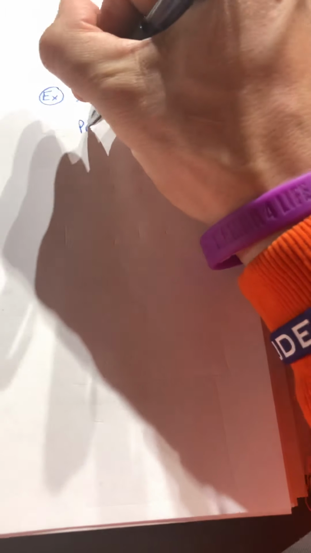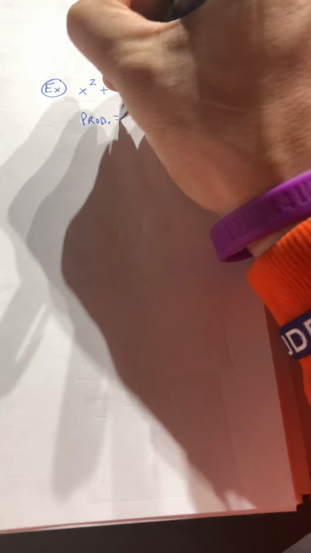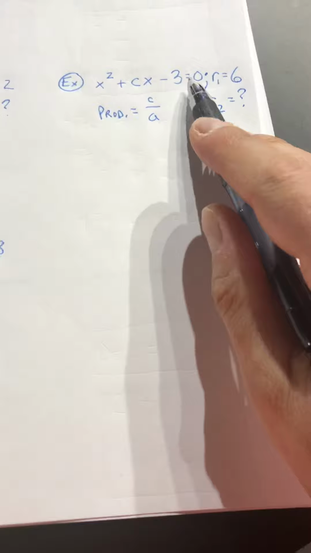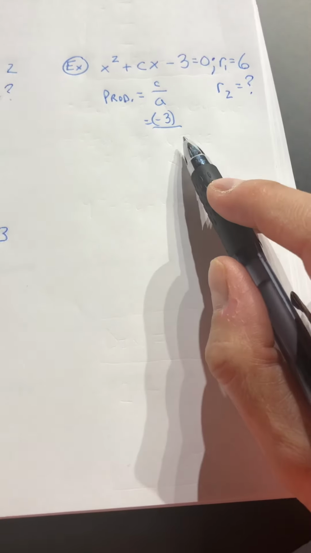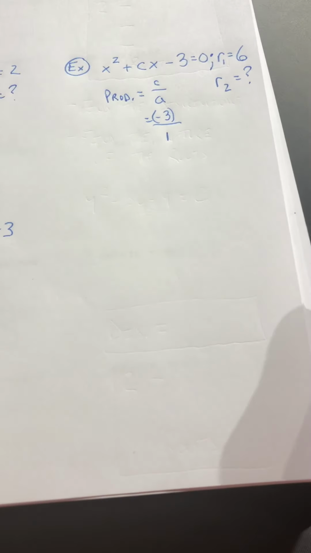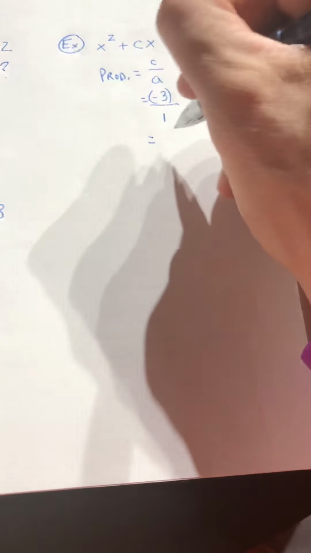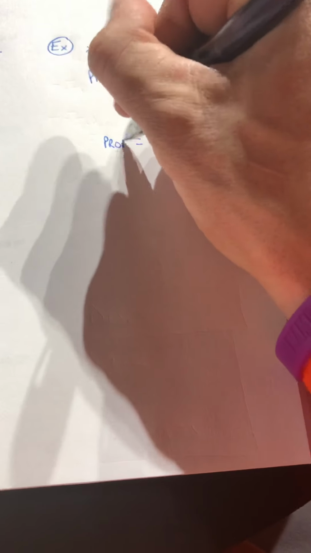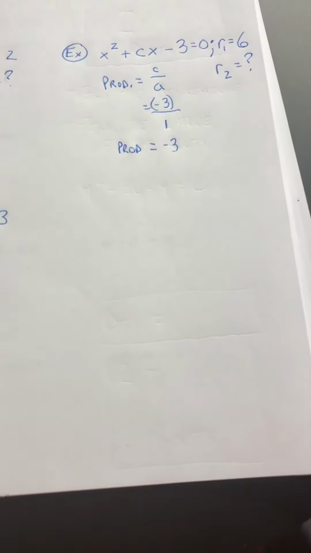For product, we know we have c over a. Well, c is negative 3. A is the number in front of x squared, which is just 1. So we simplify. We know the product is negative 3.